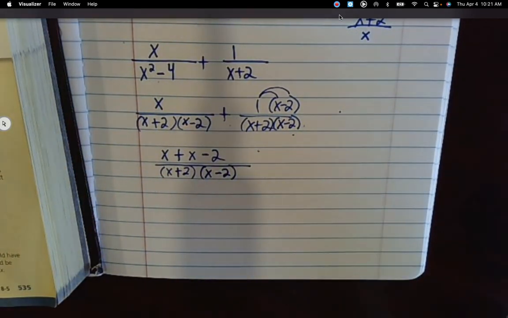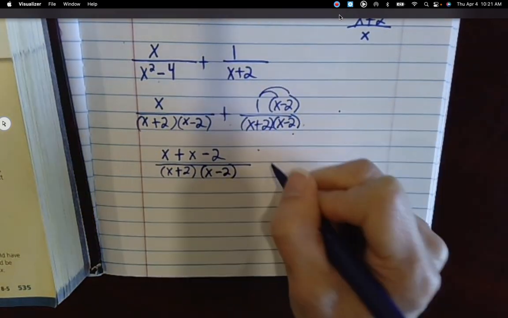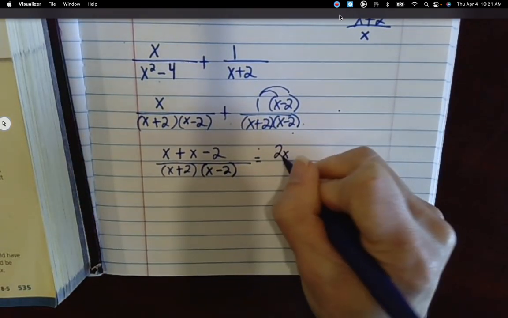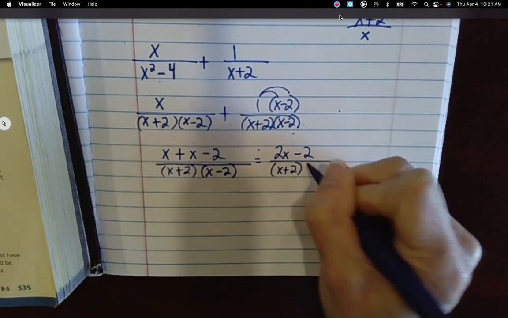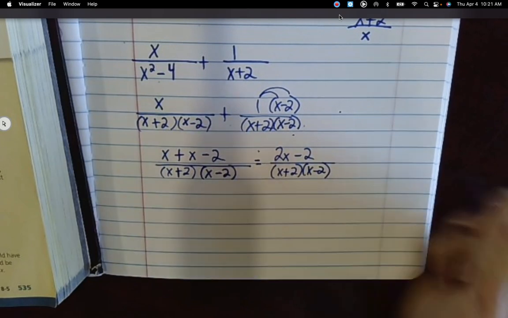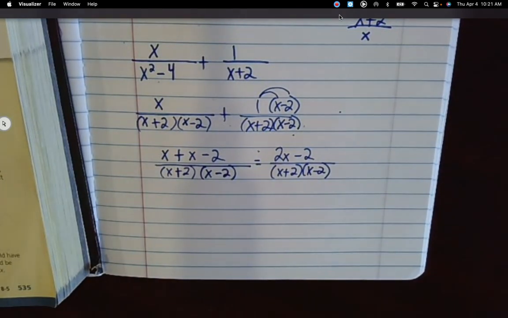So can I combine any of those things? Let's see, what's x plus x? 2x. So I have 2x minus 2. And some people, and I'll stop, I'll let y'all catch up. Some people would want to stop here, but there actually is one more step in your numerator, okay?